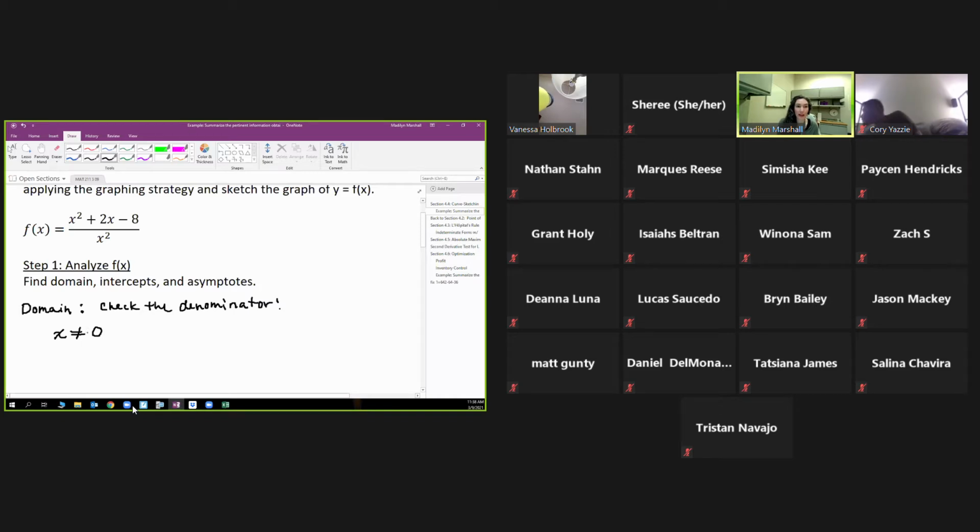X can be anything other than 0. So if we're writing this in interval notation, it would be negative infinity to 0, union 0 to infinity. So we have our domain. We can't have a 0 in a denominator, so x cannot equal 0.